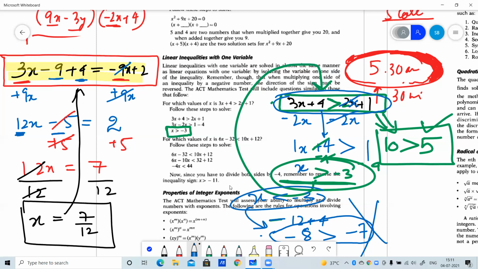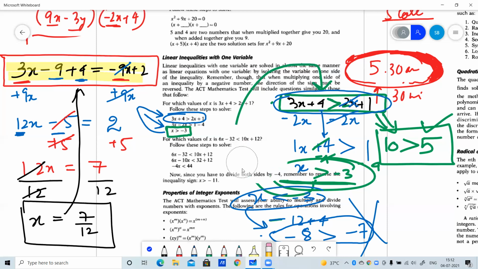So we are right: the value of x has to be greater than -3 in order to satisfy this inequality. All the values of x which are greater than -3 will make this inequality true. And any value of x which is either -3 or less than -3 will make this inequality false. Makes sense.